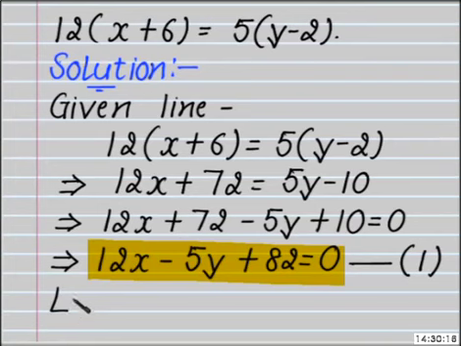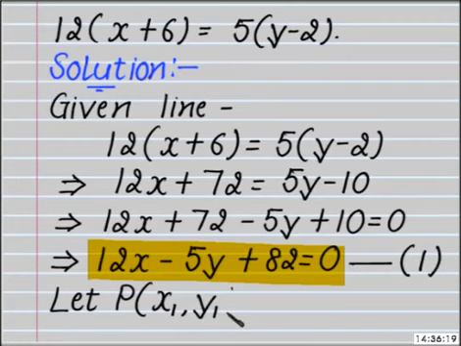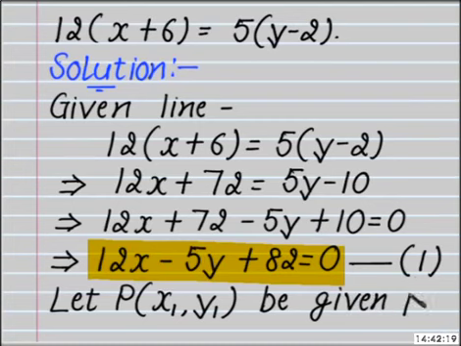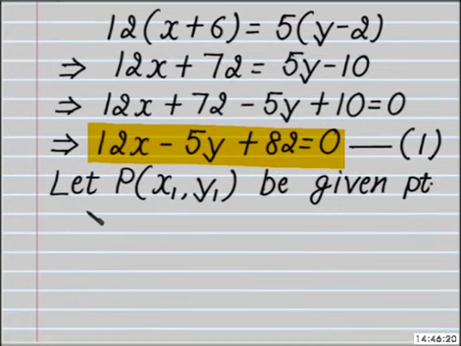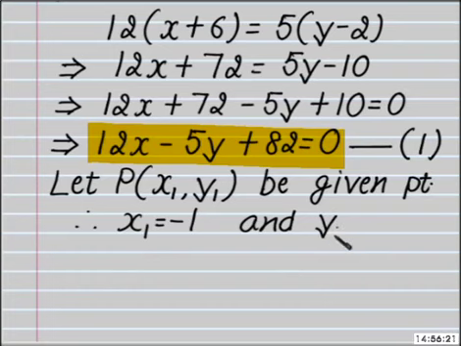Let point P with coordinates x1, y1 be the given point, therefore x1 is equal to -1 and y1 is equal to 1, that is given to us.